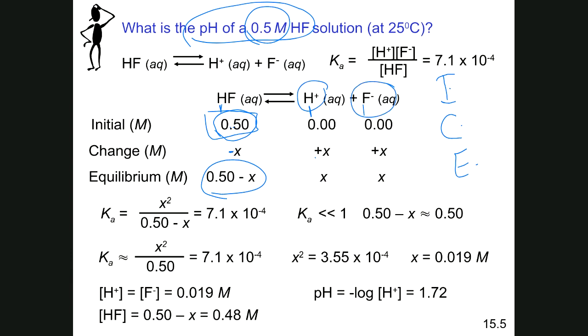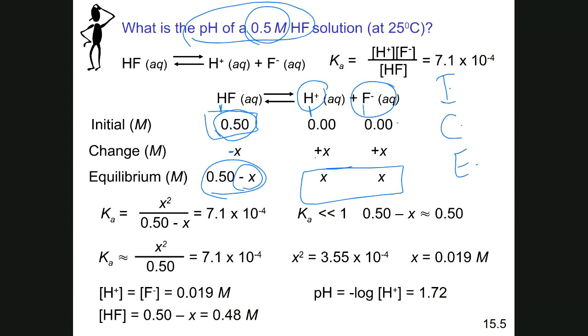Basically, some of that is consumed. By the time it reaches equilibrium, the concentration of HF is going to decrease by X, and the concentrations of H plus and F minus are going to increase by X. Since we started from 0, the equilibrium value for these two is going to be X.